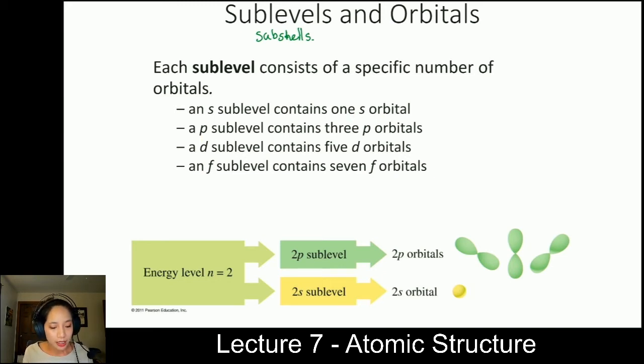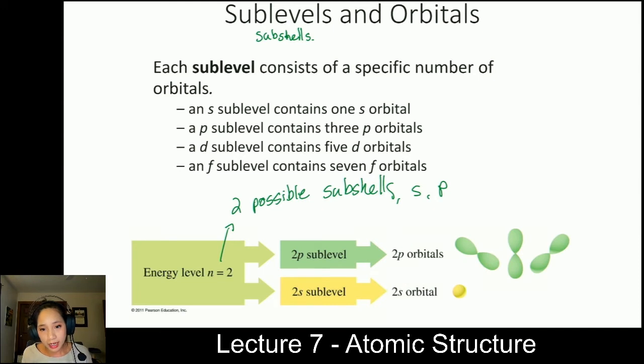If you have a p sublevel, it can contain 3 p's, d 5, f could have 7. So if we have an energy level of 2, there's only 2 possible sublevels or subshells, and that would be s and p. So we only have to think about s orbitals and p orbitals in our energy level of 2.